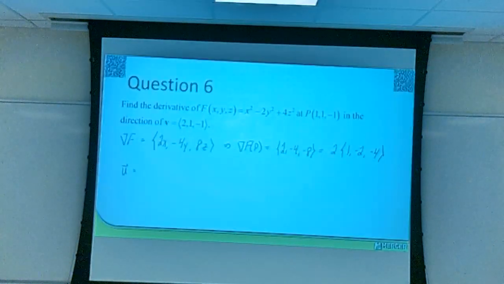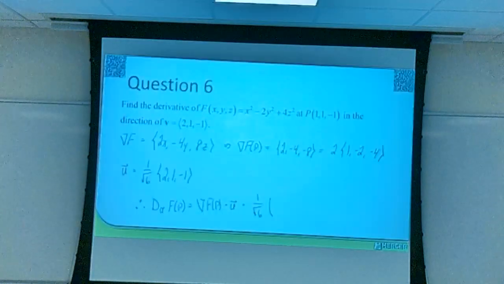Root 6. Oh, sorry, 2 over root 6. Minus 2 is 0.